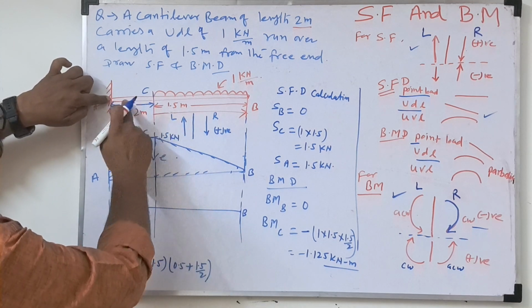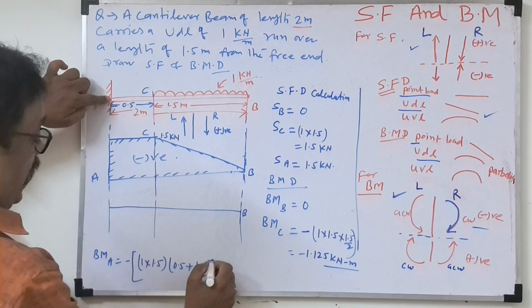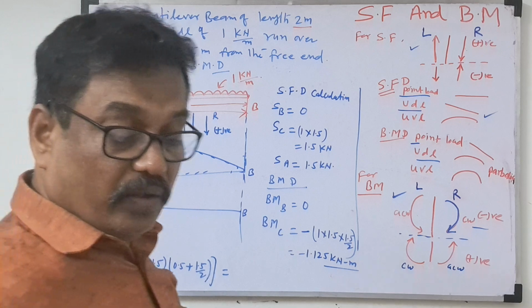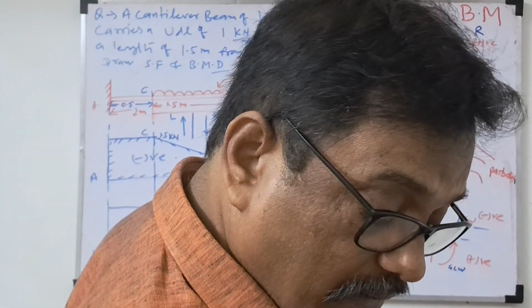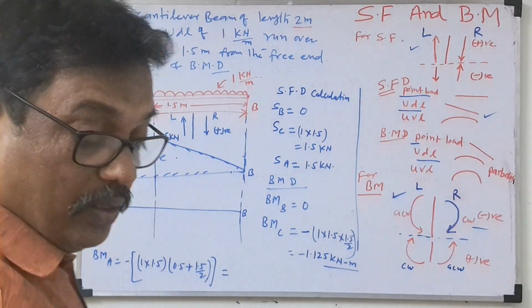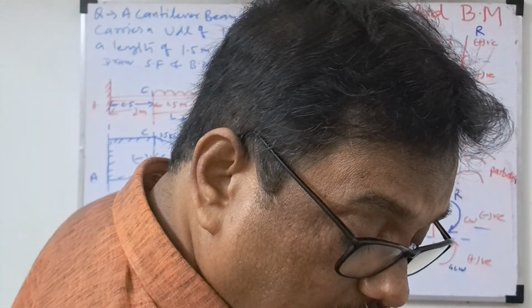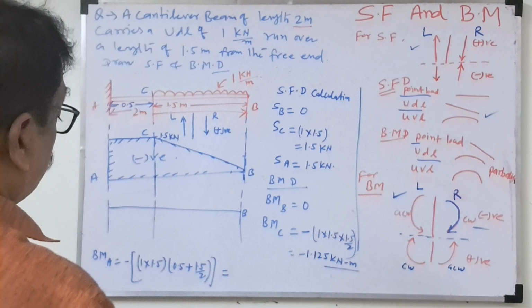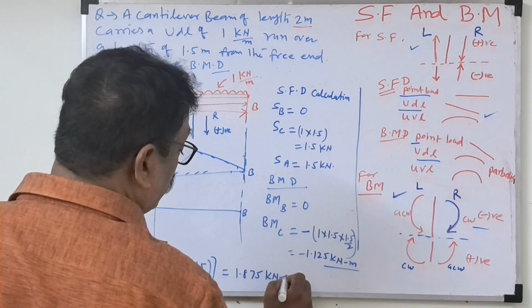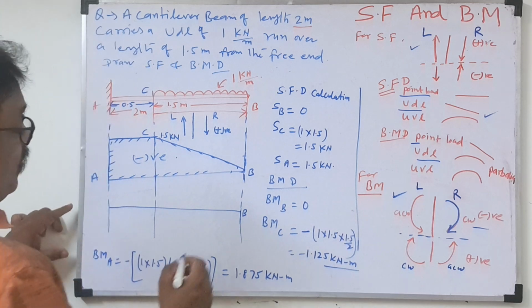After 0.5 meter, so we have to add 0.5 meter. If we calculate this, we'll get the bending moment at A. The calculation comes to 1.875 kilonewton meter.